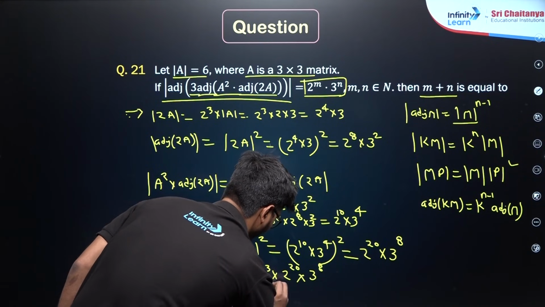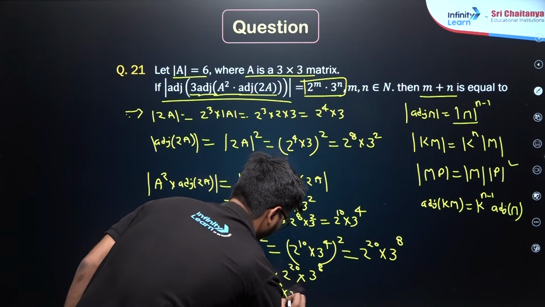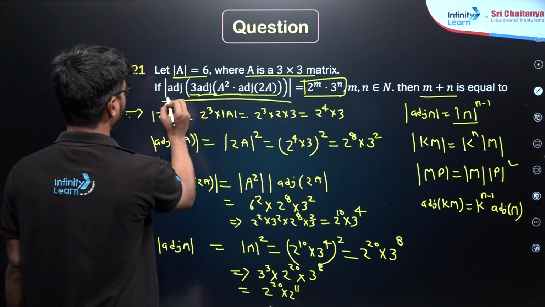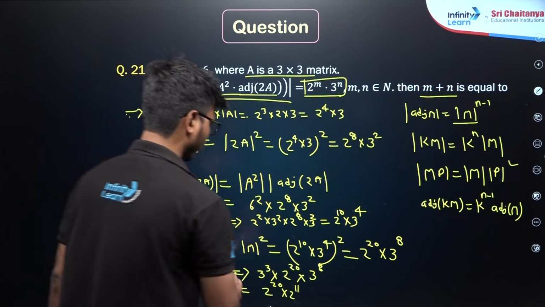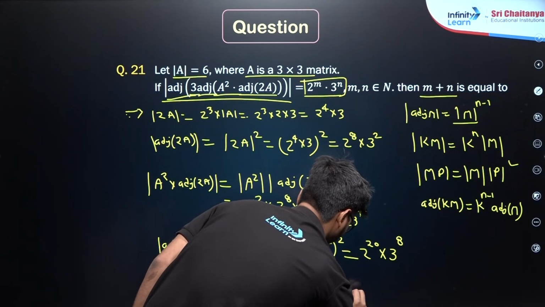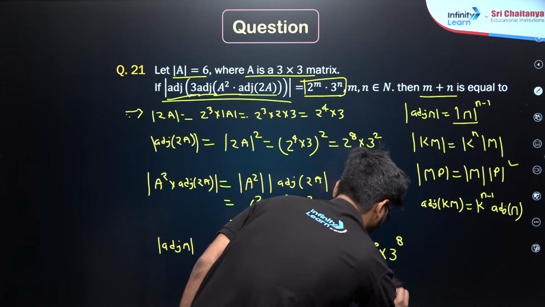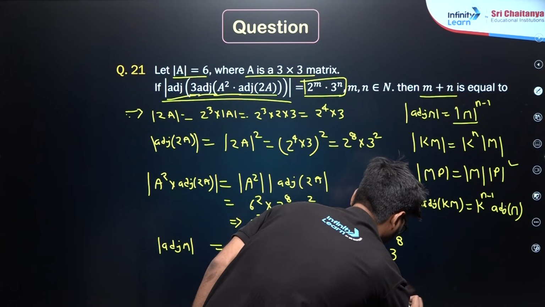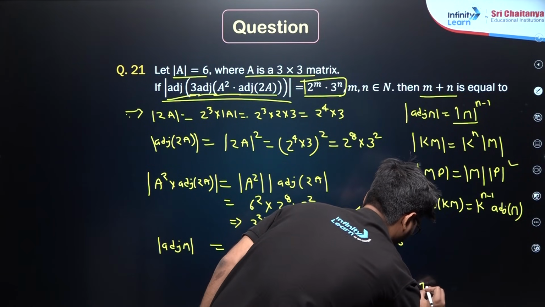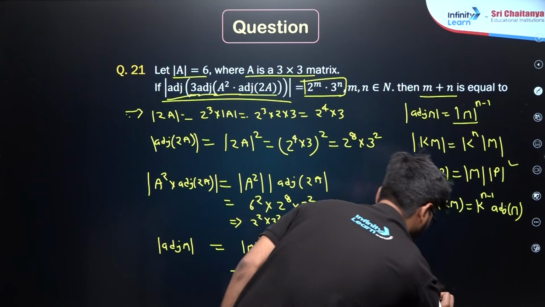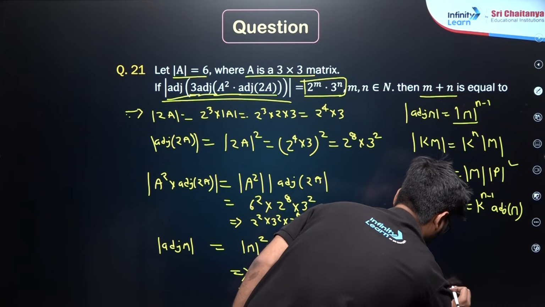So it will be 2 to the power 20 into 2 to the power 11. Correct? Now if you observe for the last term, we are going to have just the whole square of it, again using the same properties. The whole square, so we are going to get 2 to the power 40, and 3 to the power 22.